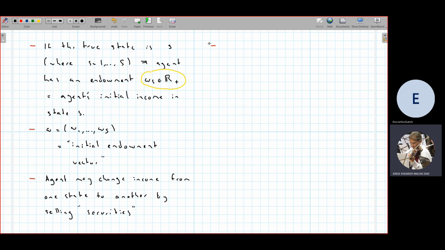So we are going to assume that there is a finite number of securities. So there are n securities.